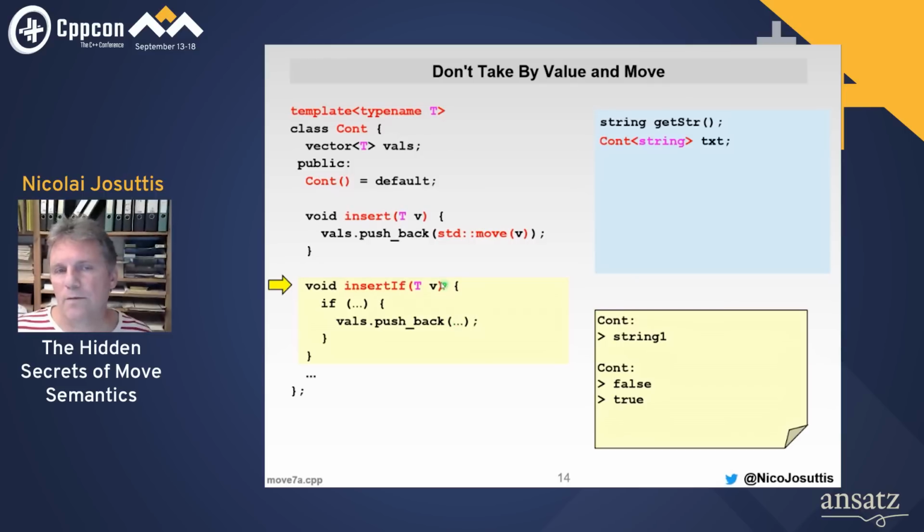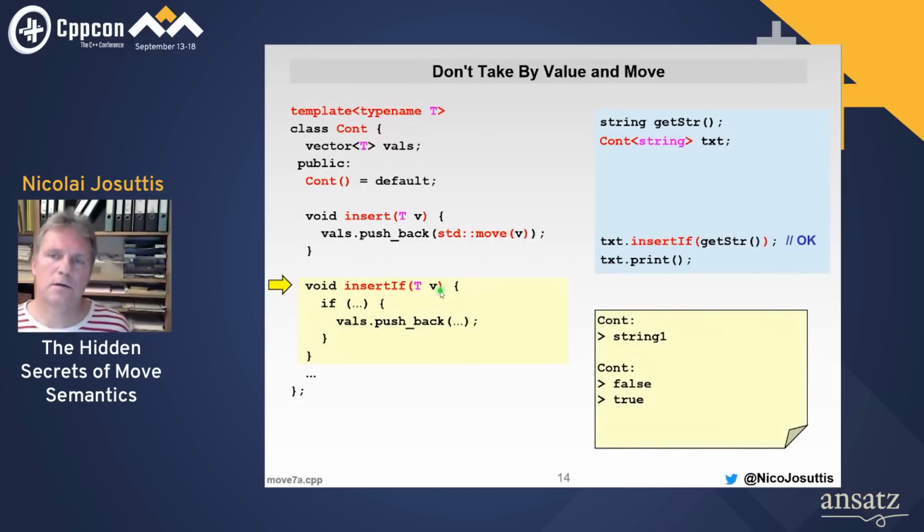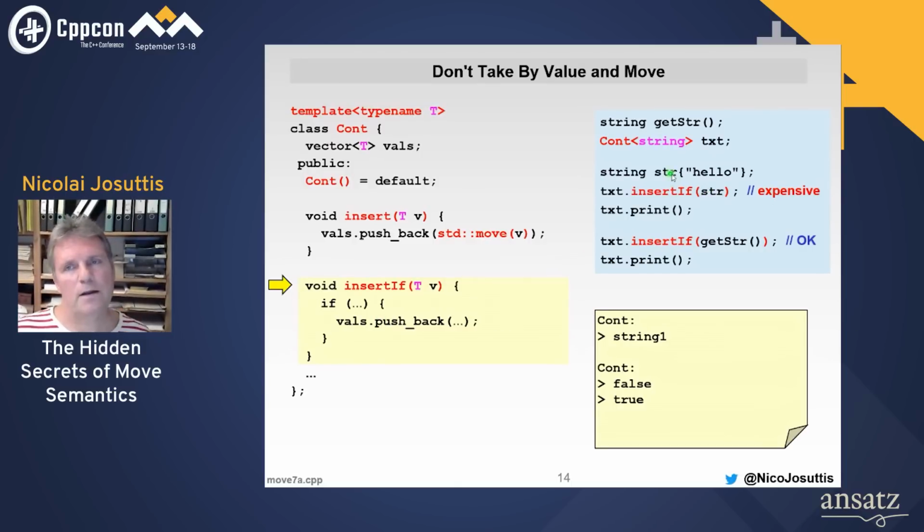So whatever we want to do here, if it's conditional whether we need the object or not, then this is not a good strategy. For temporary objects, it's still okay, because anyway, we move the temporary object here as v, and then we might or might not use it and move it into the vector. But if you have an object that is not movable, like an lvalue, an object with a name, then it could be expensive. We would copy the object, although we might not move it into the vector.